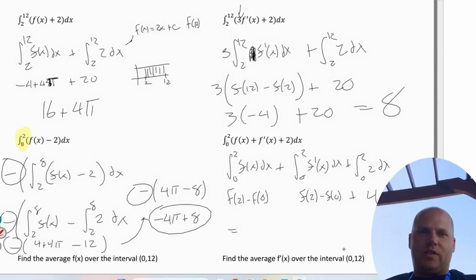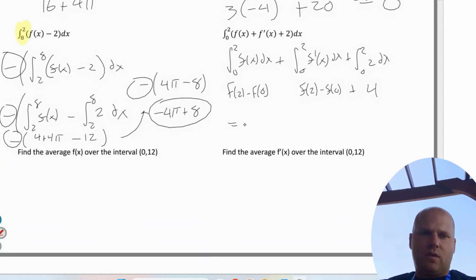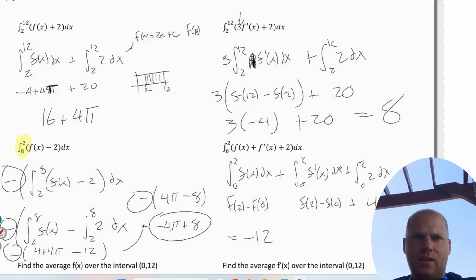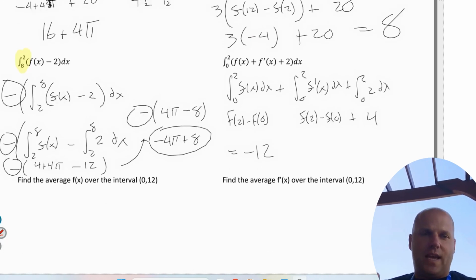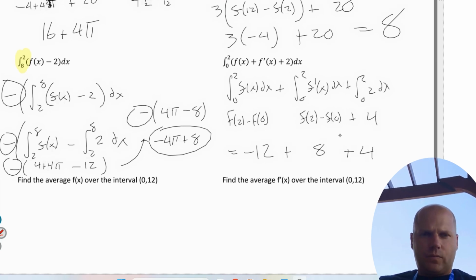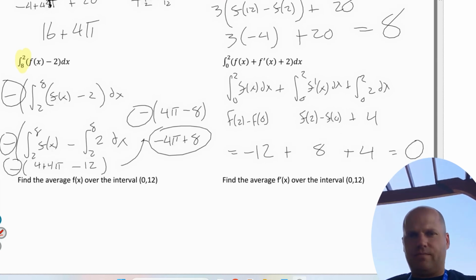We get this was negative 12. We got this was 8. F of 2 is 0, F of 0 is negative 8. So this was 8, positive 8. This is 4. This is 0. Fantastic.